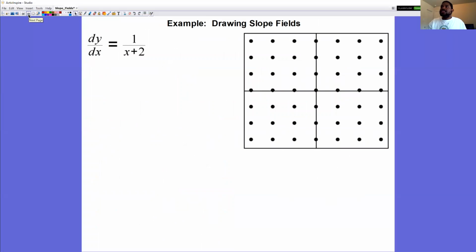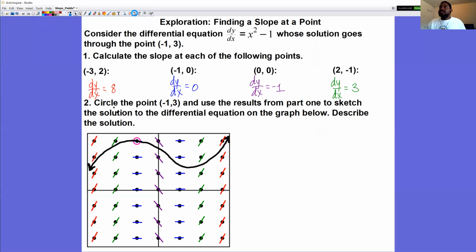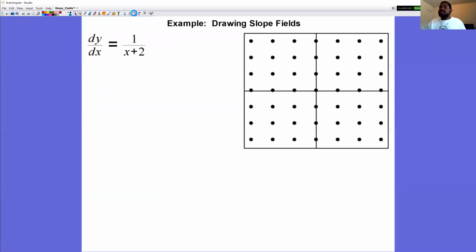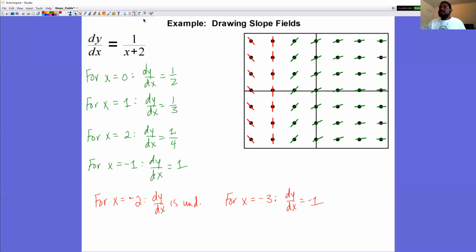sketching slope fields. What we're going to do now is compute several values of our slopes. Sorry about that. So here's some slopes.